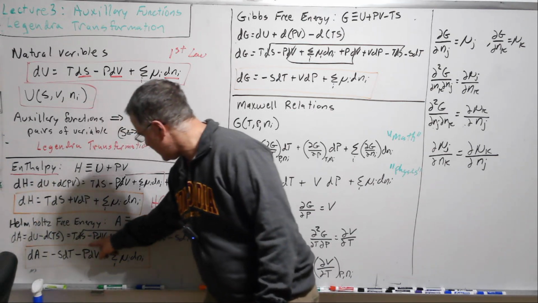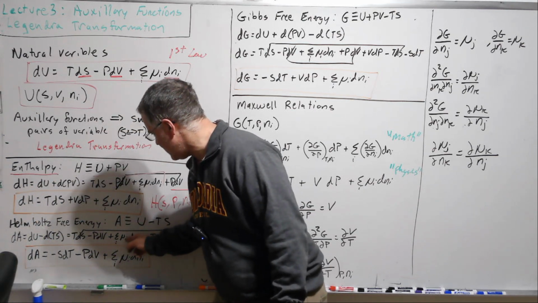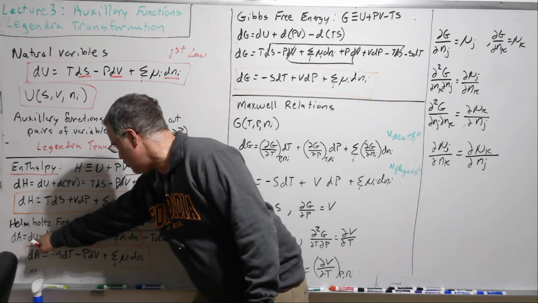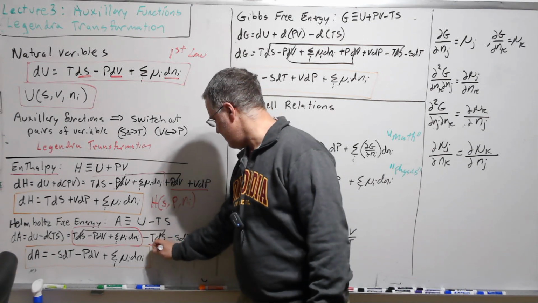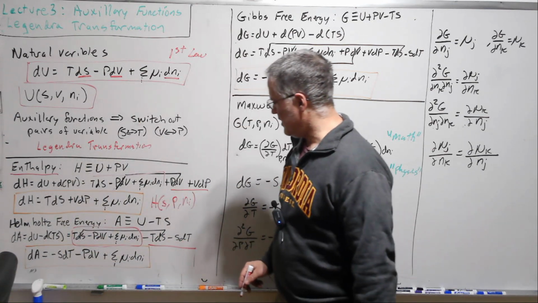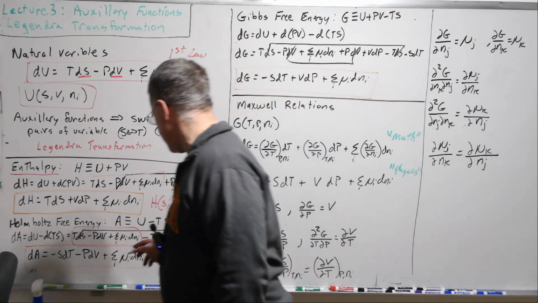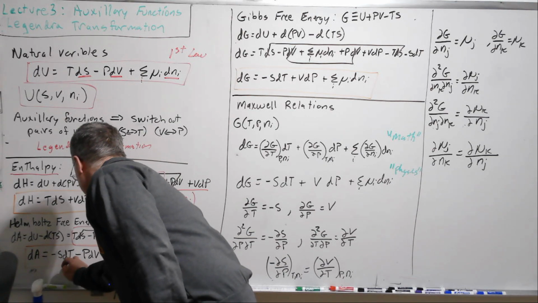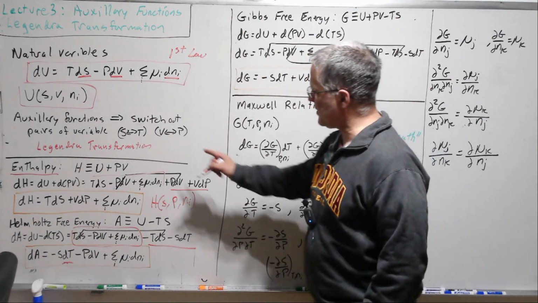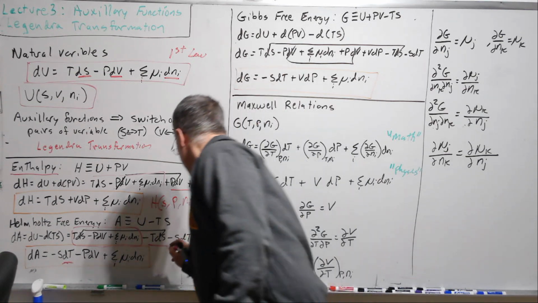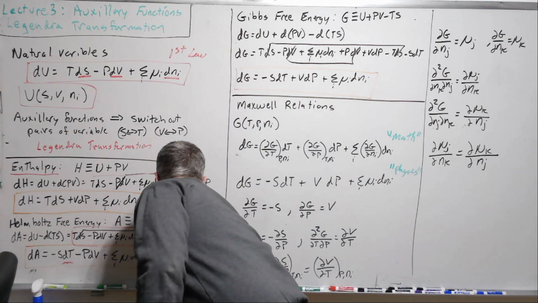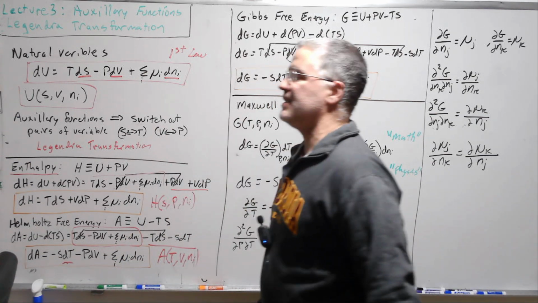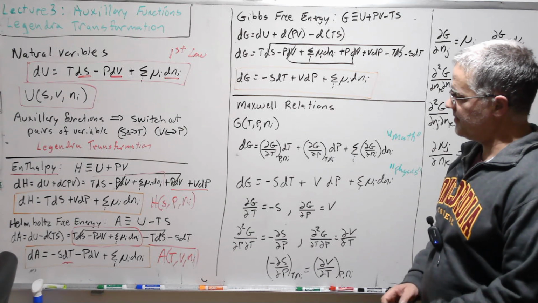The first bit here is, again, expressing dU as the first law, and then minus the product rule. And we get then a cancellation of the S term leading to a dT here. So we have indeed swapped out the S and the T. And so the natural variables here are T and V and the N's, which is exactly what we wanted.